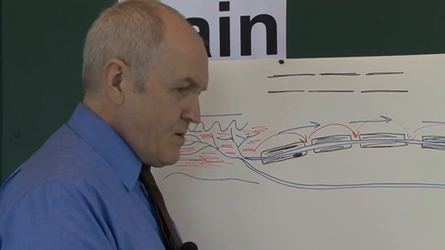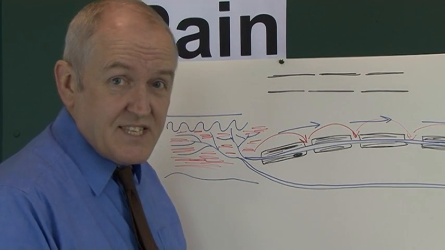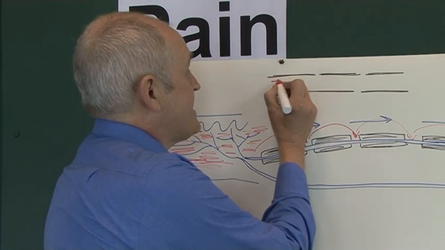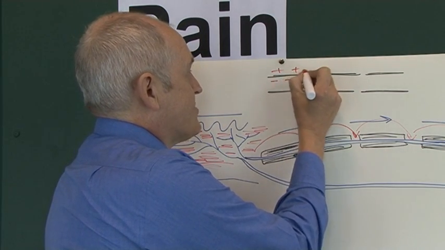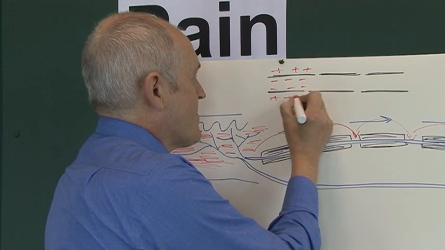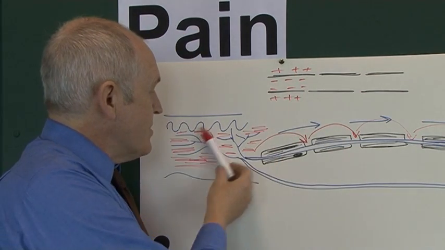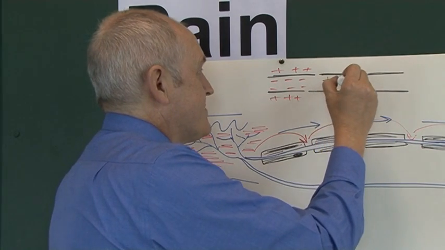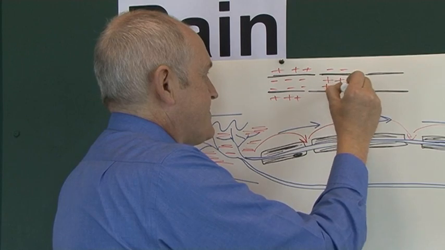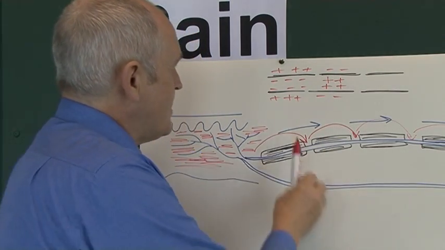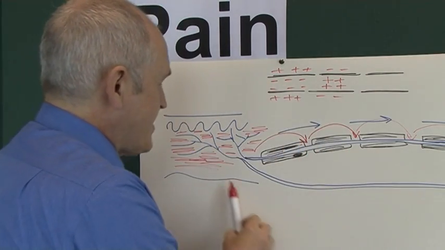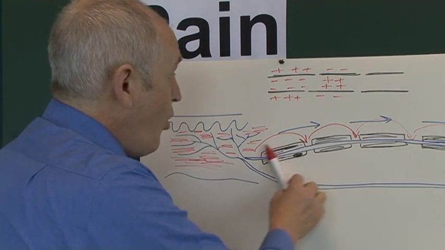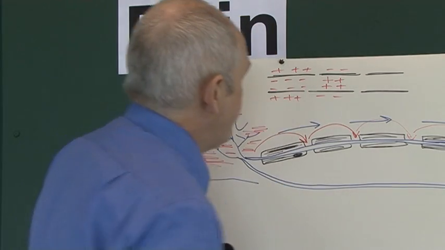Because, as you probably know, when a nerve is at rest, when there's no wave of depolarization, the nerves are going to be negative inside and positive outside. But when a new nerve impulse is generated, that's going to change and it's going to be positive inside and negative outside. And this is going to spread as a wave of depolarization from the nociceptors where the depolarization is generated all the way along the nerve fibre.